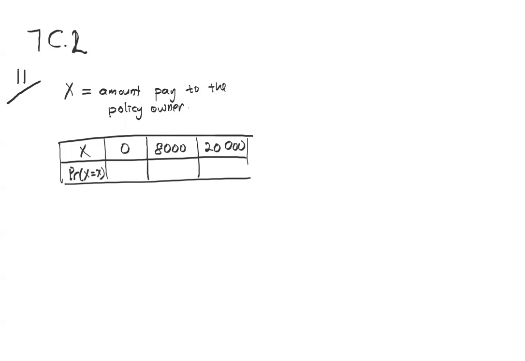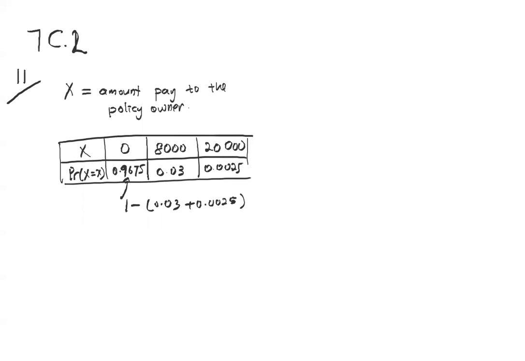So this is theft, and this is loss. Am I right? You want to know the value of this, so you take 1 minus 0.03 plus 0.0025. You get 0.9675.